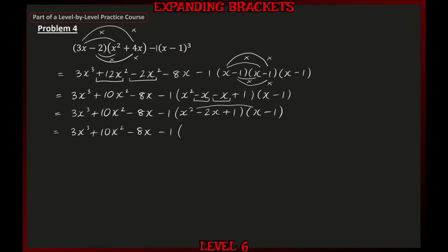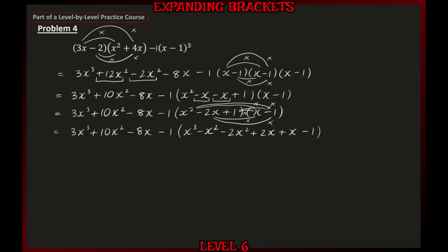So we have x squared multiplied by x, which is x cubed, x squared multiplied by minus 1, which is minus x squared, minus 2x multiplied by x is minus 2x squared, minus 2x multiplied by minus 1 is positive 2x, and finally 1 times x is plus x, and 1 times minus 1 is minus 1.